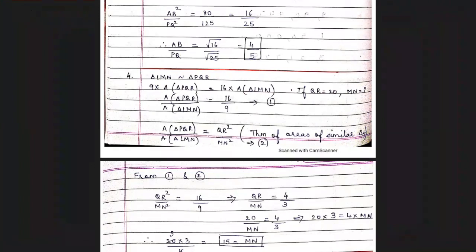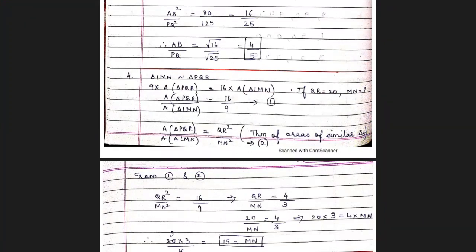What we have done is area of triangle PQR upon area of triangle LMN. That is from the right hand side, bring area of triangle LMN to the denominator. This is equal to 16 is already there on the right hand side upon, bring 9 from the left hand side to the denominator. So you get 16 upon 9. This is equation number 1.